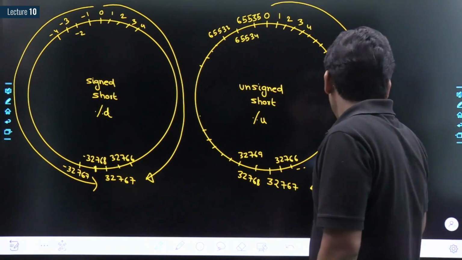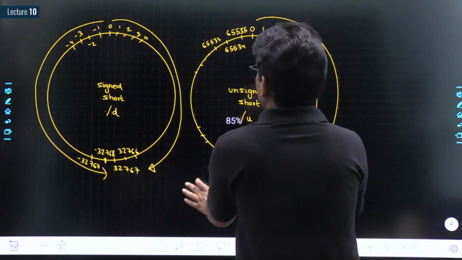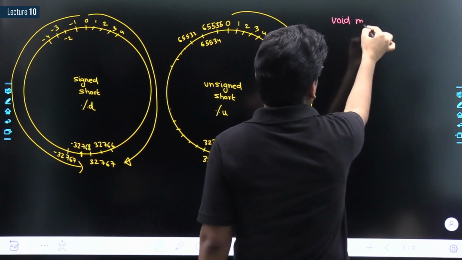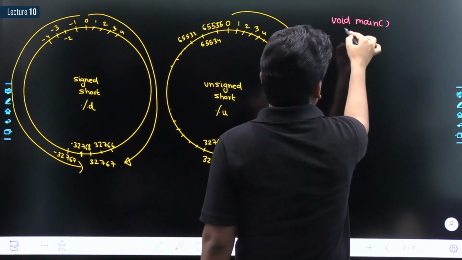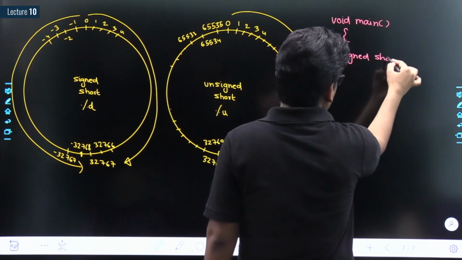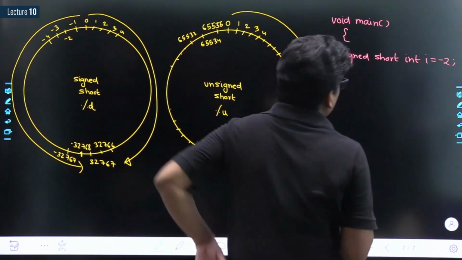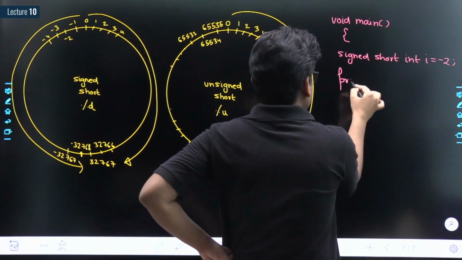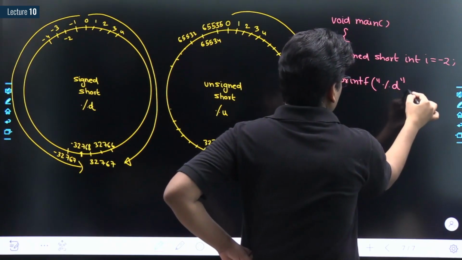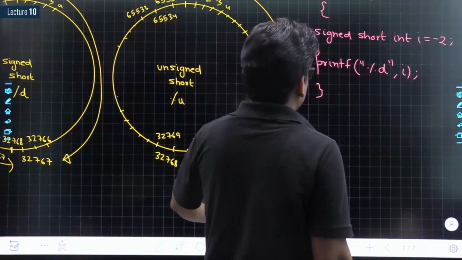Okay, let me solve few questions and try to understand how things are working. Sir, void main, signed short int i is equal to -2. Okay, and then we are trying to print the value %d, i.